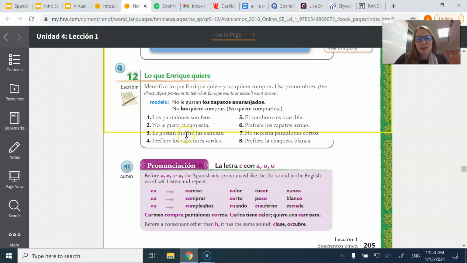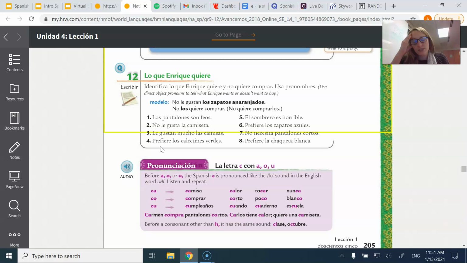Número 3. Le gustan mucho las camisas. Si le gustan mucho las camisas, Enrique quiere comprarlas. Feminine and plural. Or Enrique las quiere comprar. Alright, we'll do 2 more.